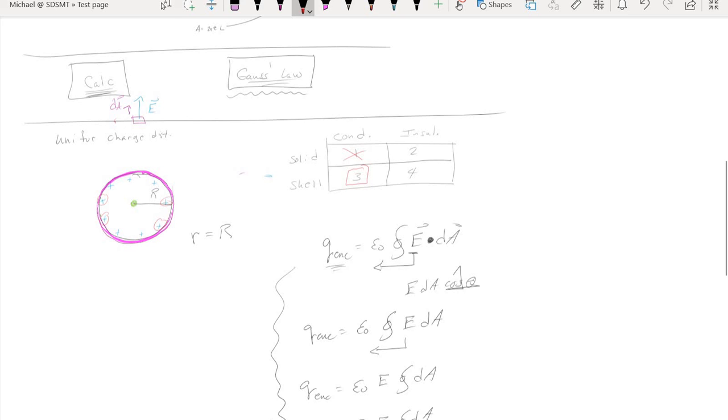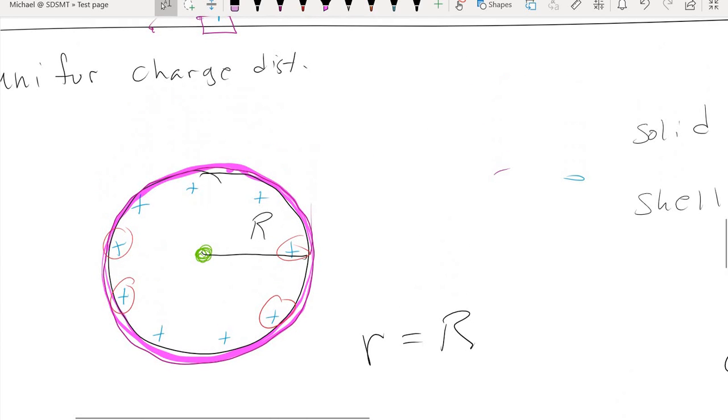In this case, we have a conducting shell. Okay, for a conducting shell, this means that everything else about the sphere is going to be hollow.